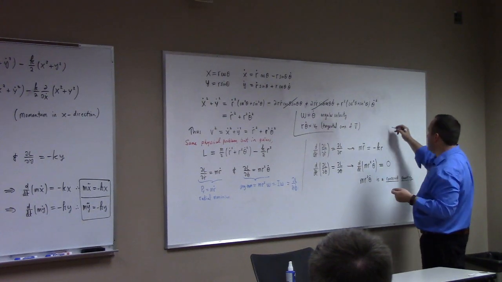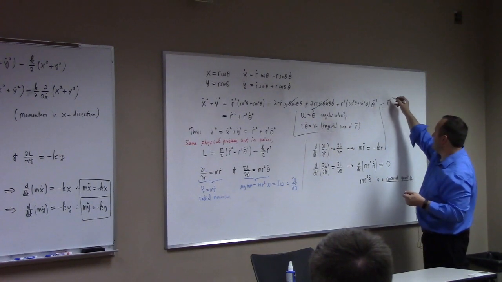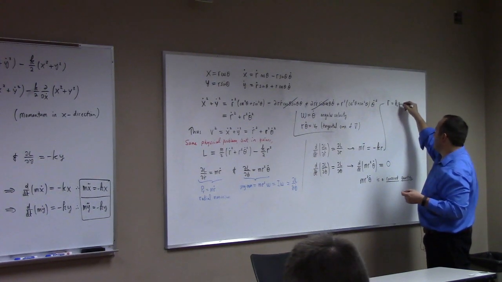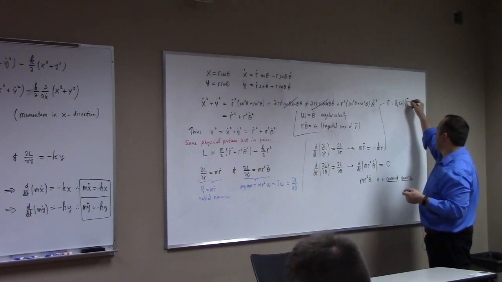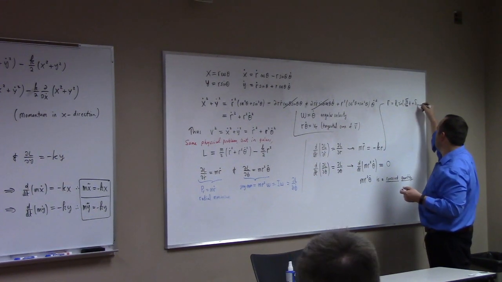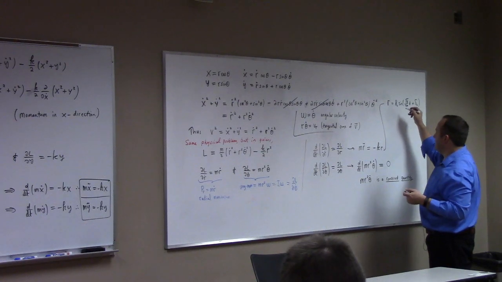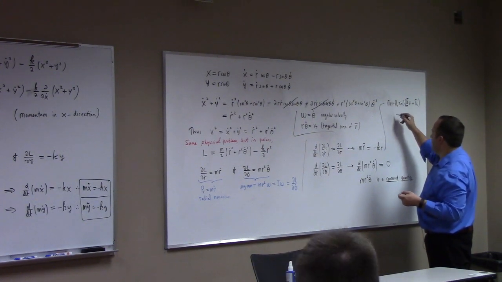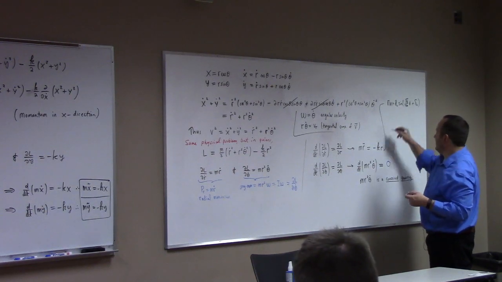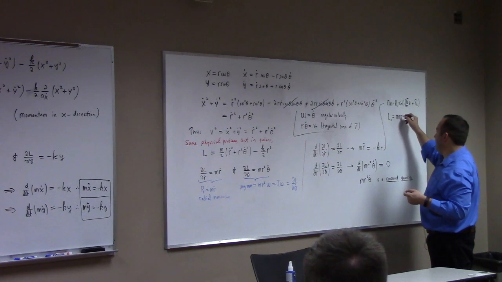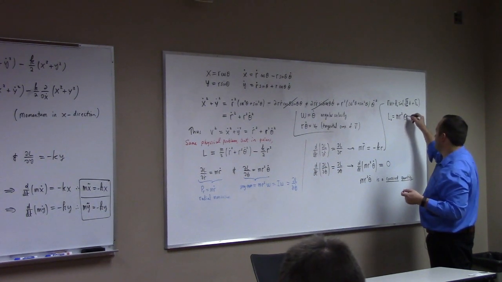What's the solution here? r equals, let's say, big R naught, sine of square root of k over m times t, plus some phase angle, whatever. And that's r as a function of time. And we also have L naught equal to m r squared theta dot.